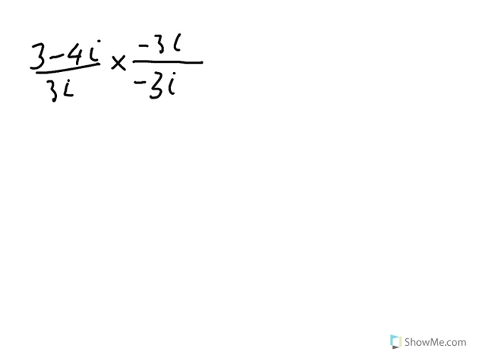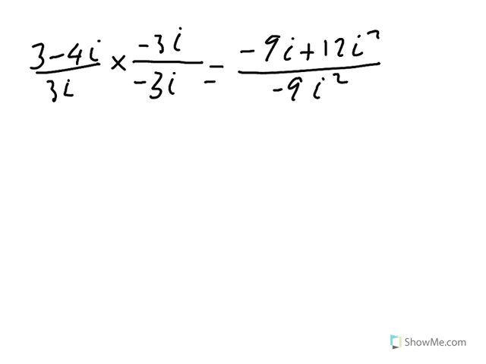Okay, so if we have something like, say, (3 minus 4i) over 3i, then we have to turn the denominator into a real number, so the conjugate in this case is just minus 3i. The top then is that, and the bottom is minus 9i squared.